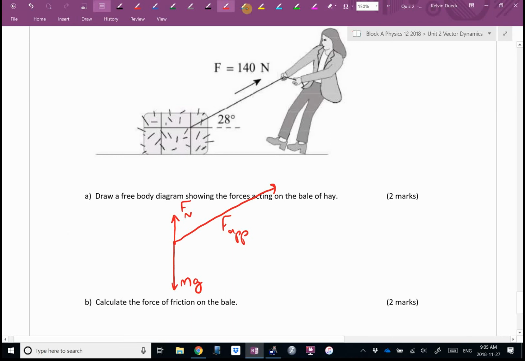I'm going to draw friction exactly as long as the x component, because those are canceling out. Now, I'm not going to be fussy on that one. I'm going to be fussy on the normal force being shorter.